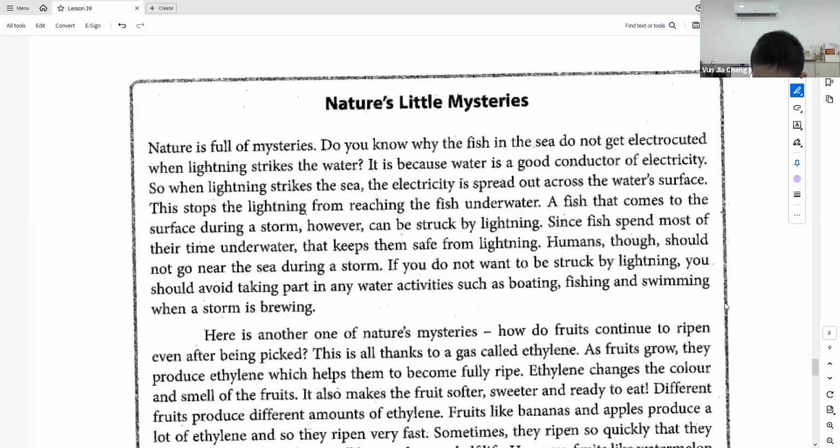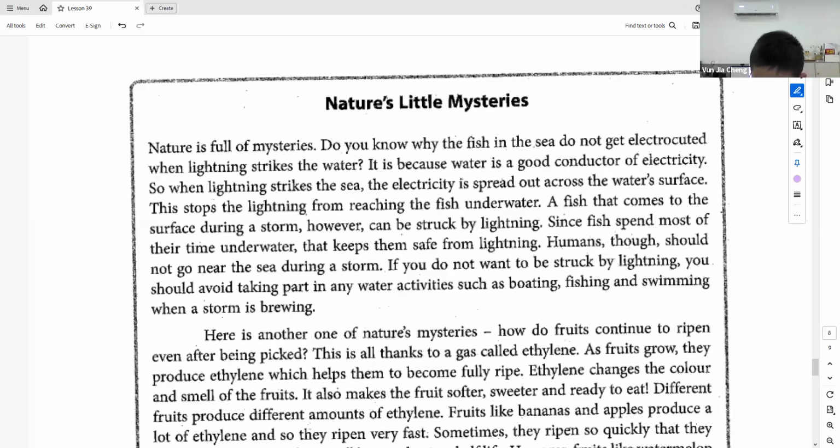This stops the lightning from reaching the fish underwater. A fish that comes to the surface during a storm, however, can be struck by lightning since fish spend most of their time underwater. That keeps them safe from lightning.